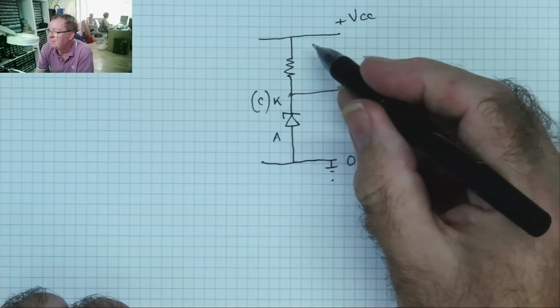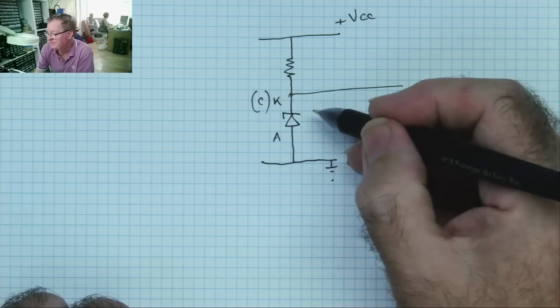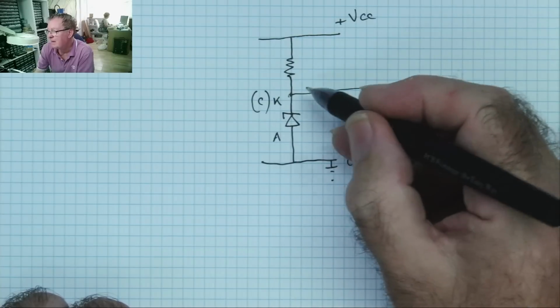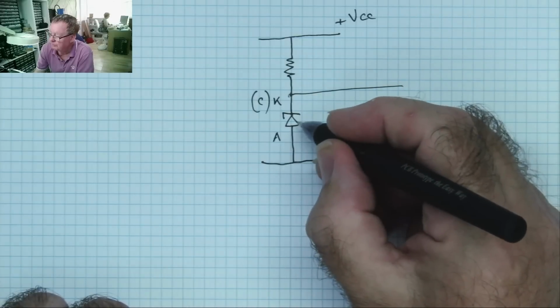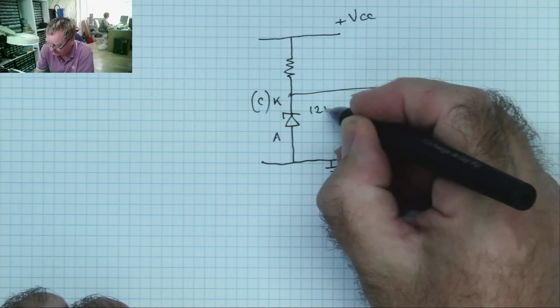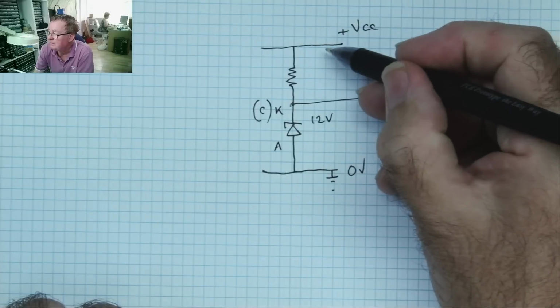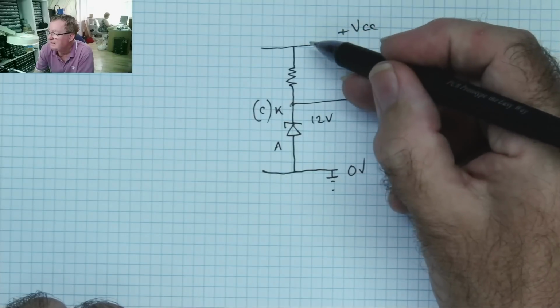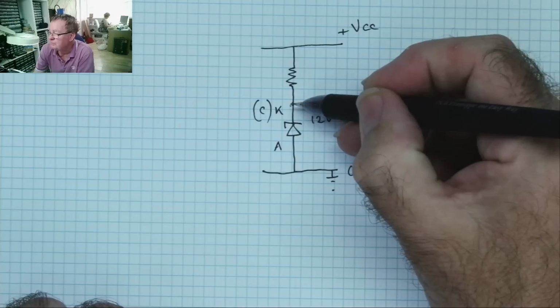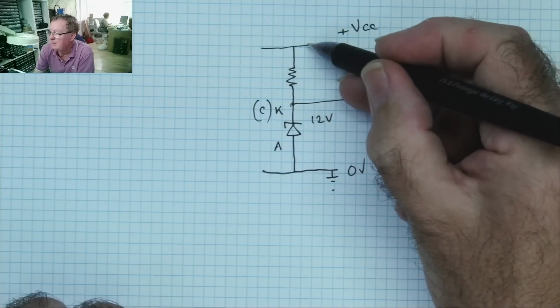Once the supply voltage goes above the Zener voltage, which is the rating of this diode, the voltage here will become stable. So if, for example, this was a 12 volt Zener and we increase the voltage on here, while the voltage here is below 12 volts, the voltage here will increase at the same time as that voltage.